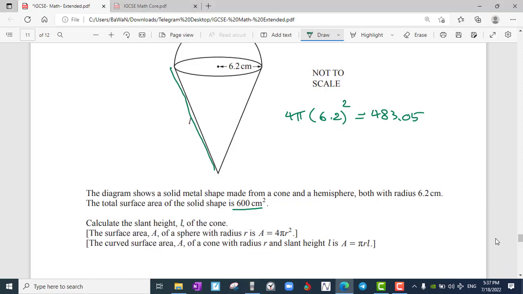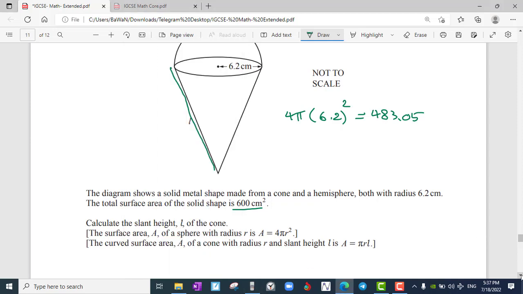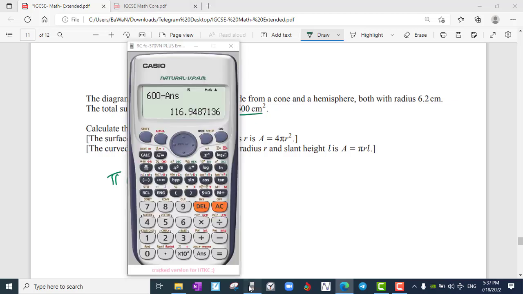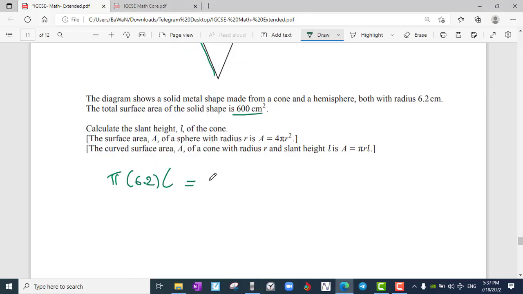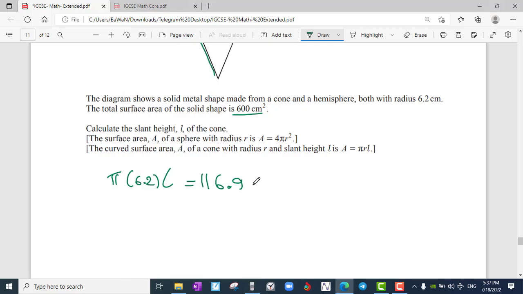So the curved surface area of the cone is 116.948. So pi r L, which is pi times 6.2 times L, L is missing, is equal to 116.948.